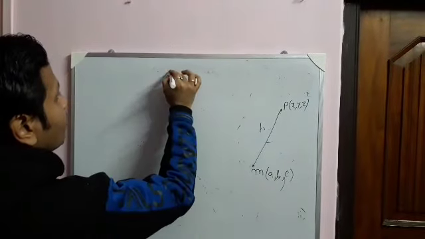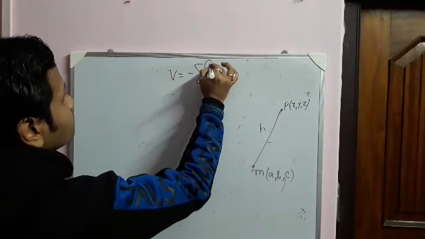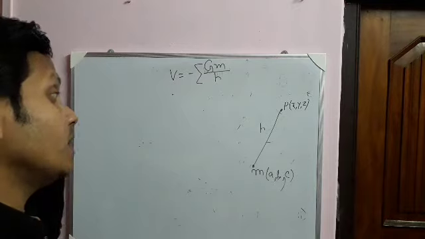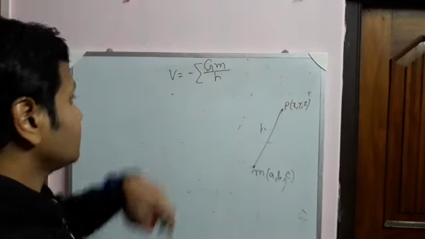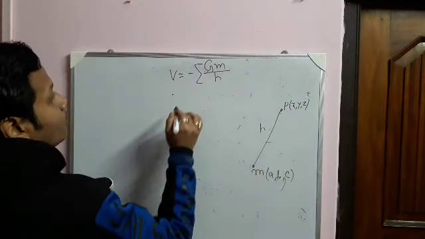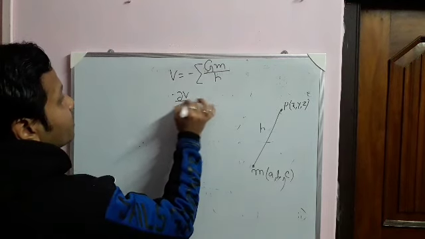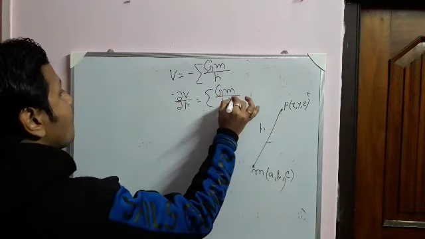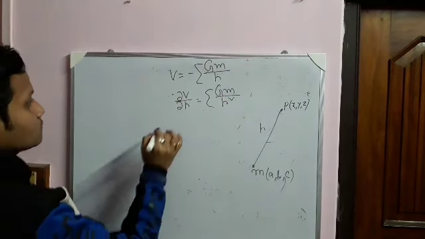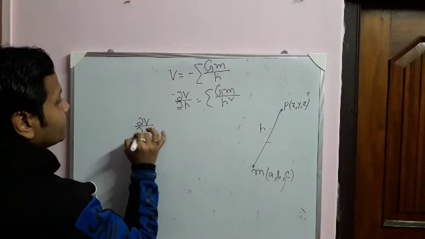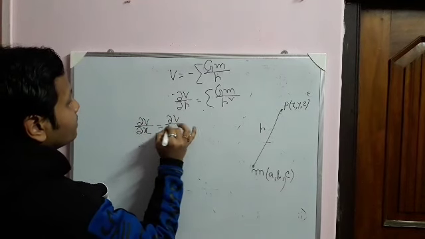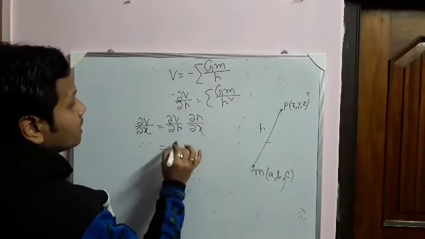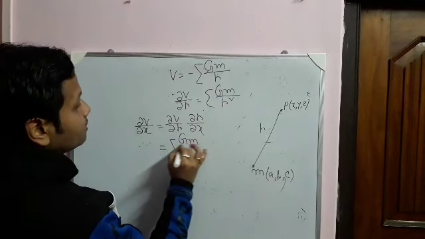V will be minus the sum of Gm by r, because we consider a system of attracting particles, many particles, so we take the summation. From here del V by del r equals the summation of Gm by r square. Now what will be del V by del x? It will be del V by del r times del r by del x. And del V by del r is the sum of Gm by r square.